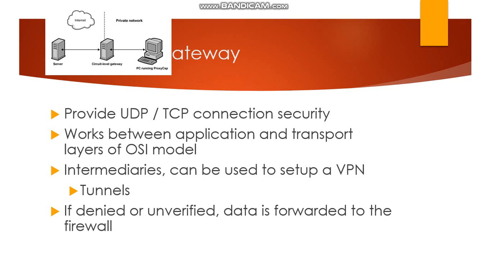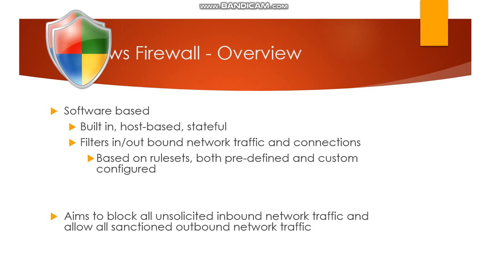This is gateways. It provides UDP and TCP connections, as you learned in your previous class, I believe. It works between the application and transport layers of the OSI model and can be used to set up a VPN. If denied or unverified, data can be forwarded to the firewall.